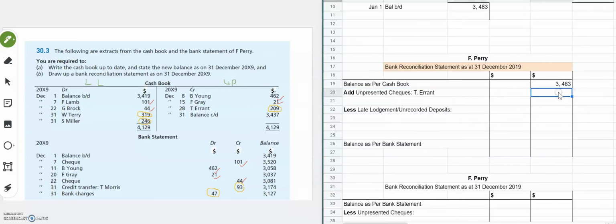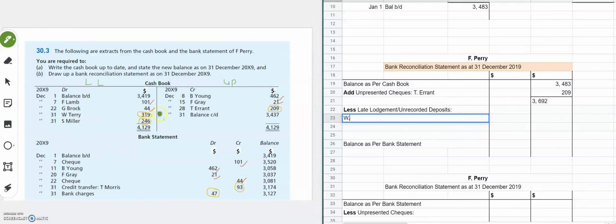Alright, and this amount is 209. Alright, so I'm going to go ahead and I am going to add, and that should give us $3,692.